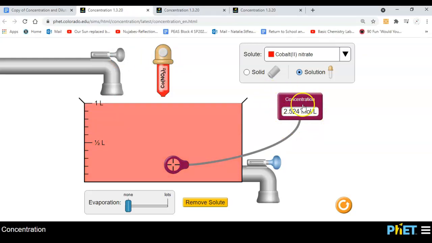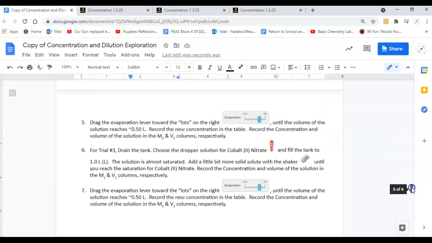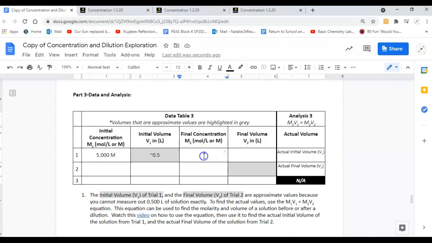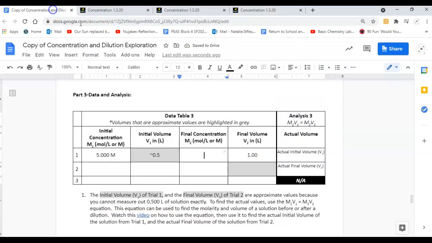So I get my final concentration of 2.524 molar, and remember, moles per liter is molar, and the final volume is 1 liter. So that's my M2, 2.524, and my V2 is 1.